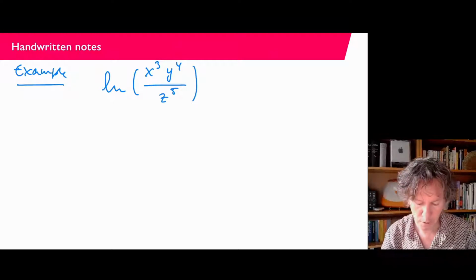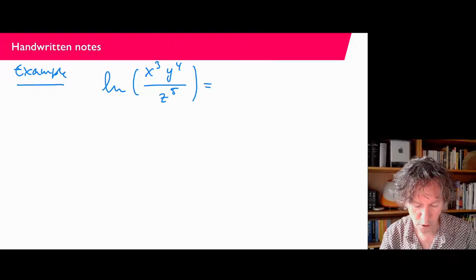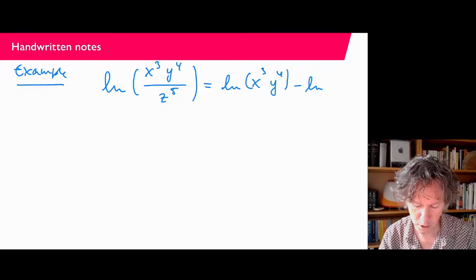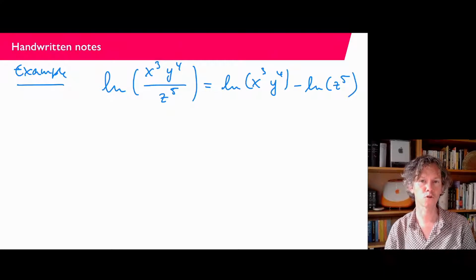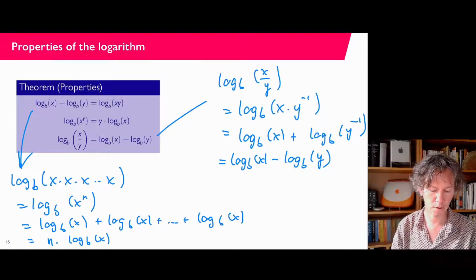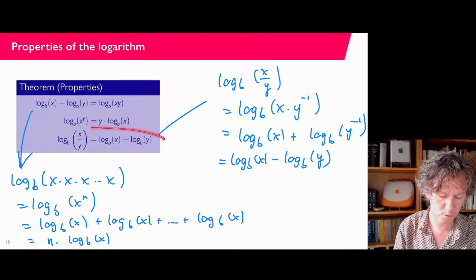And the way you can do that is just use the rules. So first we have a quotient. So I can write this as the ln of the numerator, x to the power 3, y to the power 4, minus the ln of the denominator, z to the power 5. That's the third rule from the previous slide. If I go back here, then I've simply used what it says here.